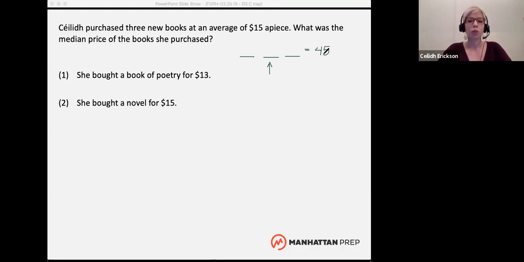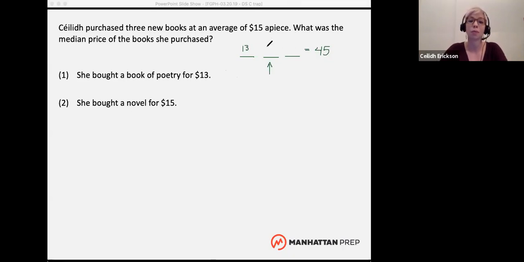All right, so looking at the first statement, she bought a book of poetry for $13. All right, well, we certainly could think of that as the lowest term. So it could be 13 and then 2 other things that add up to 45, right?